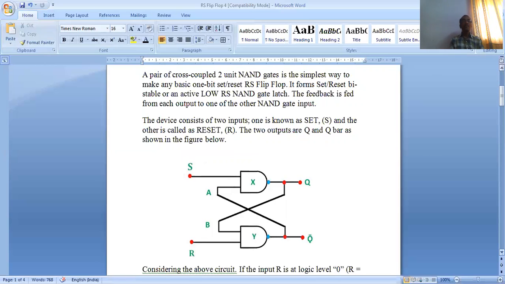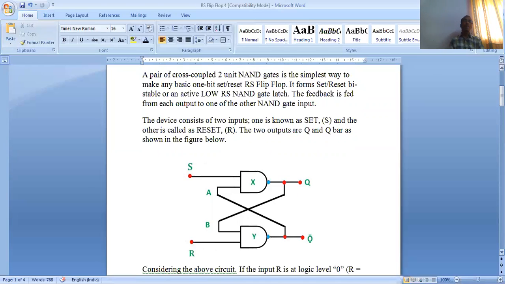Similarly, when R equal to 0 and the other input is also 0, the output of the NAND gate is again 1. In short, there is no effect of the two inputs S and R on the outputs Q and Q bar of the RS flip-flop. Do you understand? Next step.